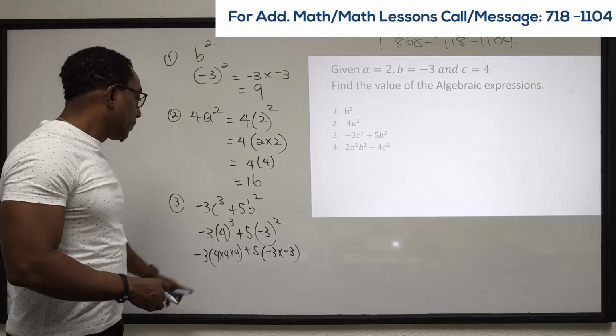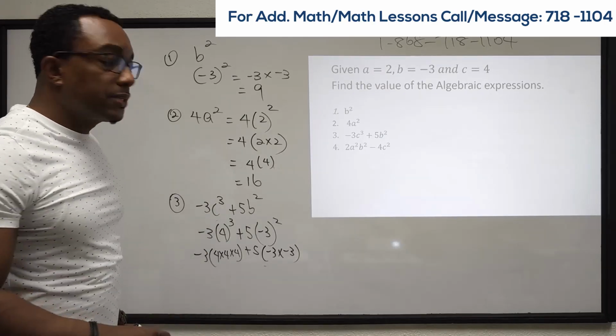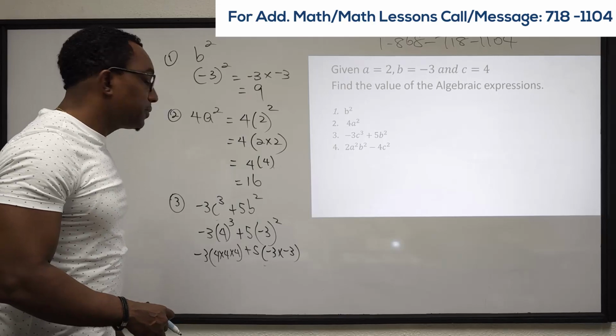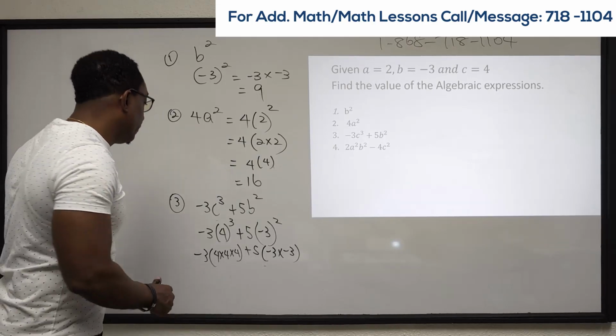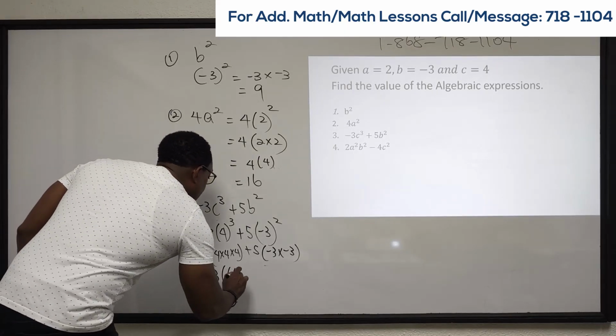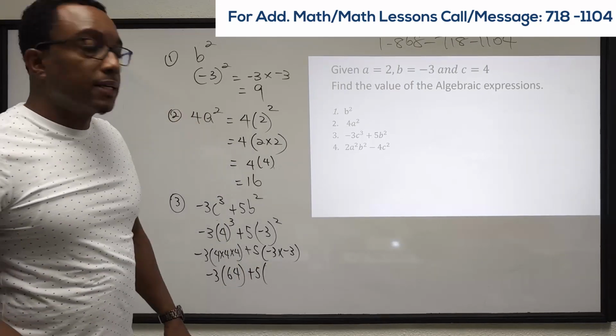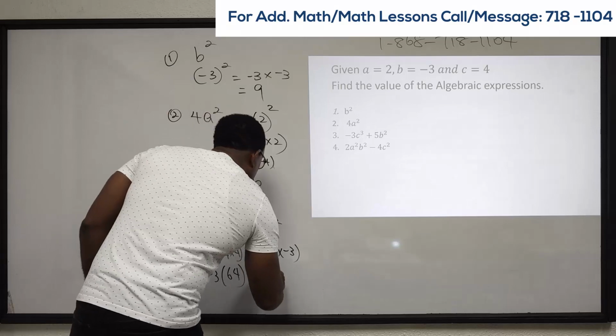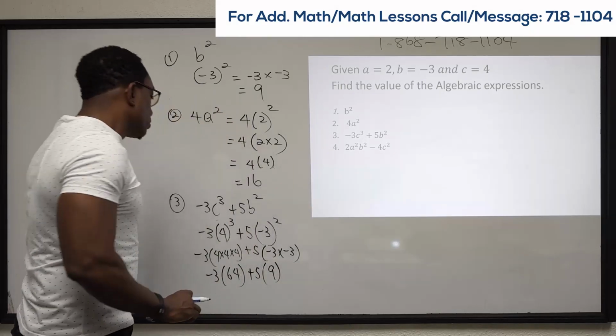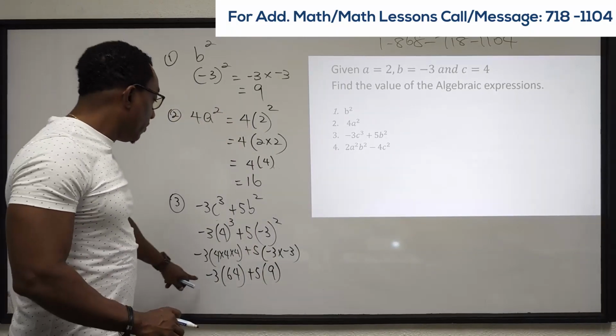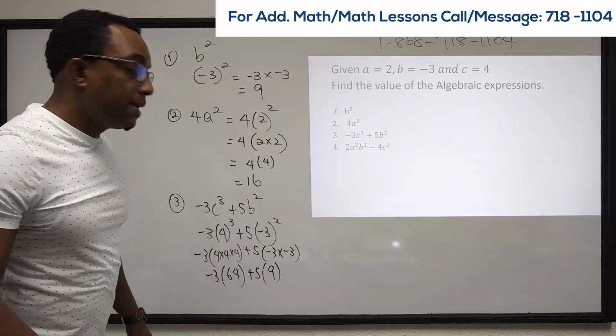So 4 by 4 is 16, and 16 by 4 will give us 64. So it's negative 3 times 64, and this is plus 5. Negative 3 by negative 3 is positive 9. Negative 3 by 64, a minus by a plus is a minus.